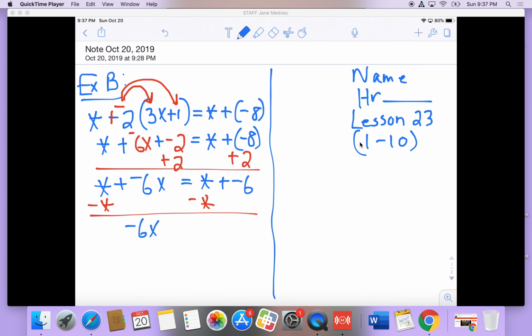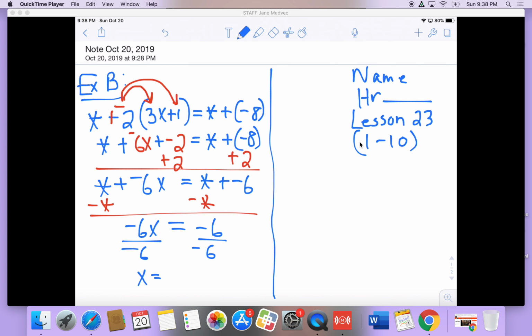That plus that you have right here just goes away. And I have a negative 6x, and I got an equals. Then this plus sign right here also goes away, and I end up with a negative 6. So now I'm going to divide by negative 6. Negative 6 divided by negative 6, x gives me 1, and star gives me negative 1.